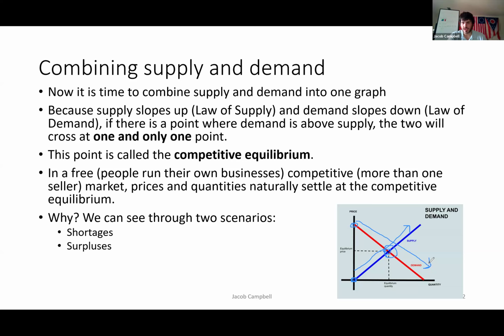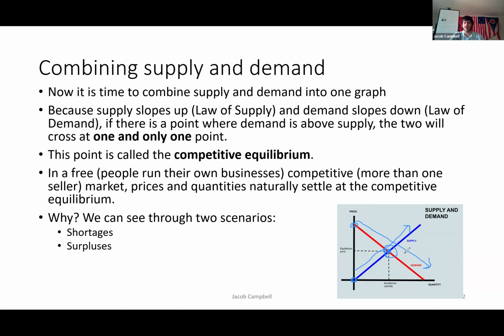A pair, like any other point along a curve, a pair of a quantity and a price, where the quantity supplied is equal to the quantity demanded. The only point at which supply and demand overlap.